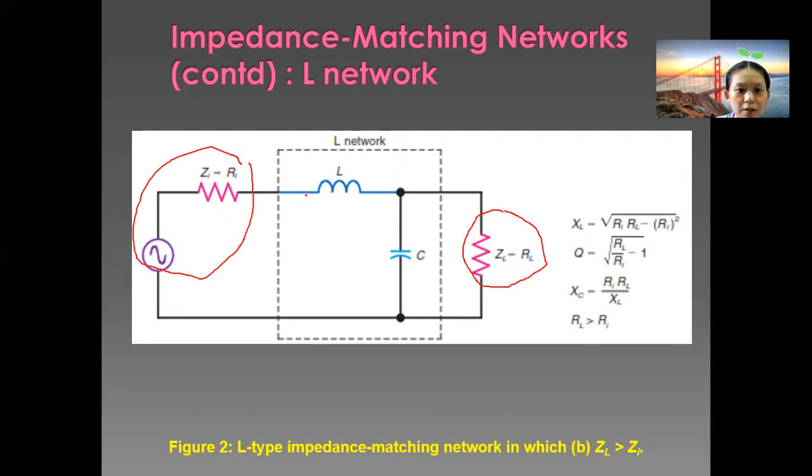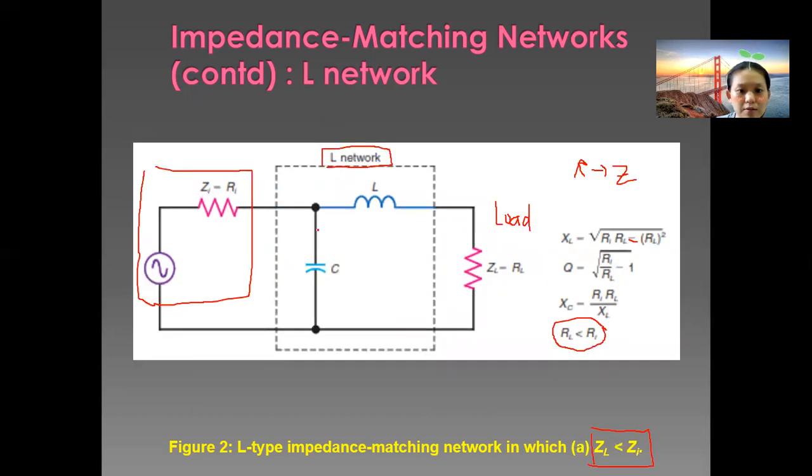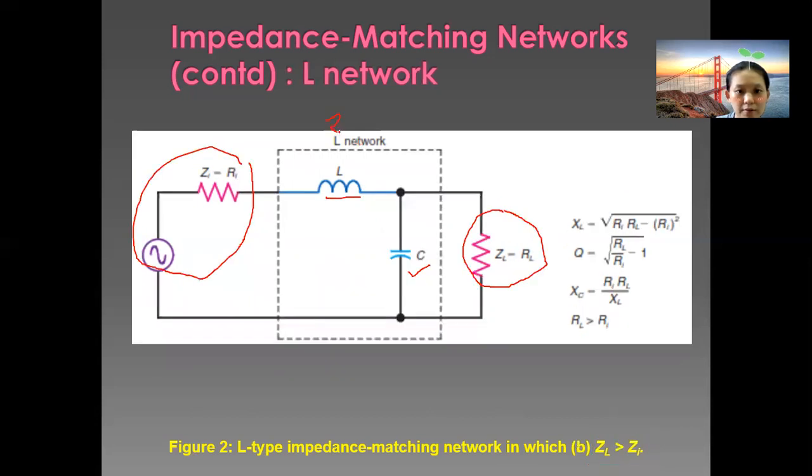The difference for the second type is that it has the inductor in series, then the capacitor in parallel. It starts with L first, then connects to the capacitor. So this is the difference. When the capacitor comes first, that is type 1, the first type, and this one is the second type, type 2.